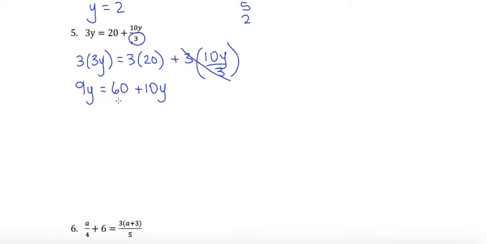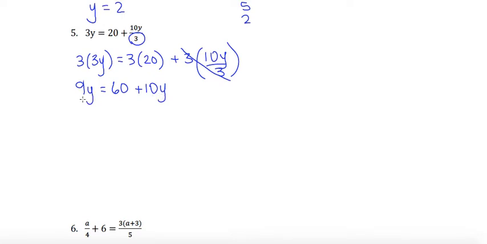You want to try to move the variables to the side that has the larger value of y, so the larger coefficient, so that you are left with positive values instead of negative values. It just makes it a little bit easier.